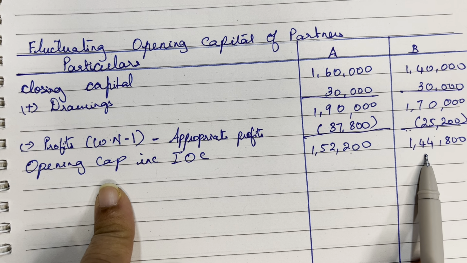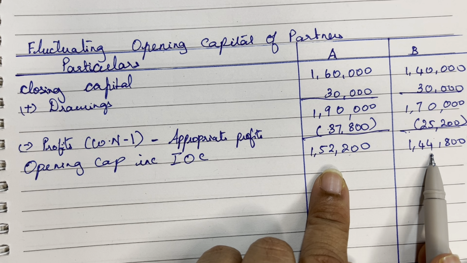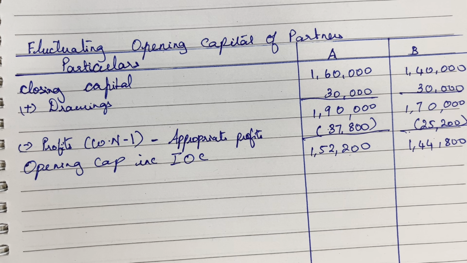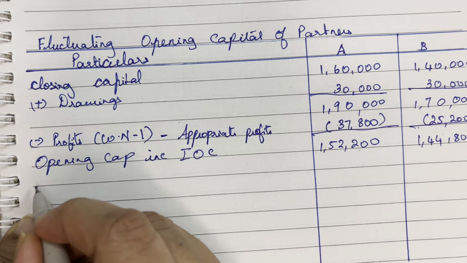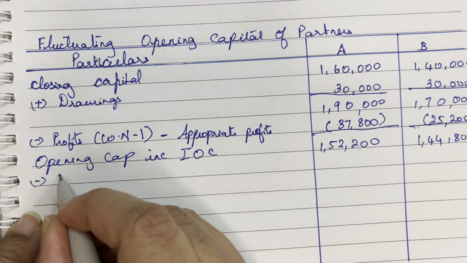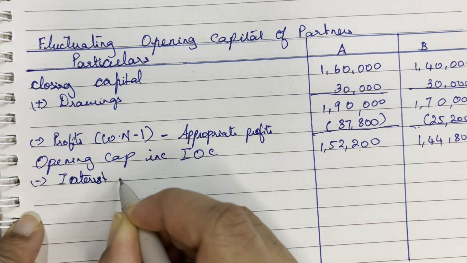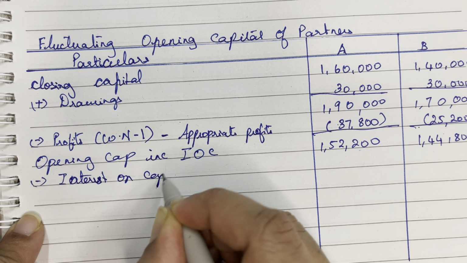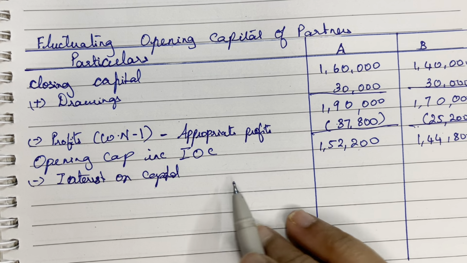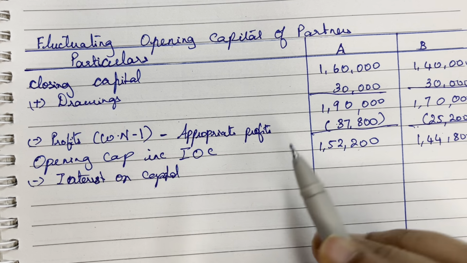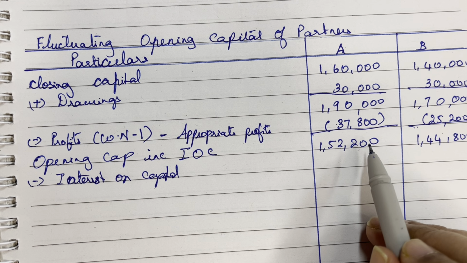Now that we found the individual profits, we actually got the opening capital including the interest on capital. So on this opening capital amount, which includes the interest on capital, we've got to subtract the actual interest on capital. Now how do we find the interest on capital? Less interest on capital. You can't write IOC in the exam. Now we just have to do the reciprocal. The interest on capital from your opening capital would be 10 by 100.